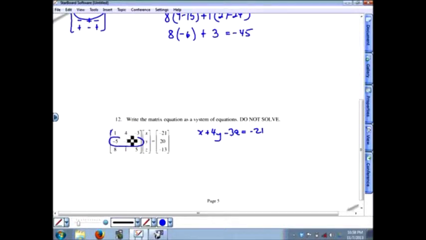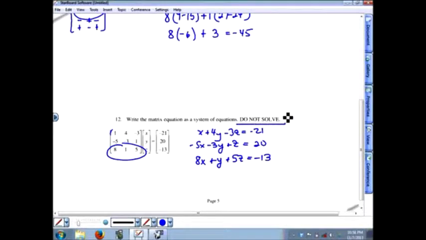This middle row here are the coefficients of the next equation, negative 5x minus 3y plus z is equal to 20. Bottom row are the coefficients of yet another equation, 8x plus y plus 5z is equal to negative 13. It says specifically do not solve, so you just leave it.